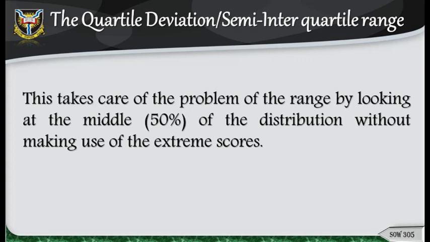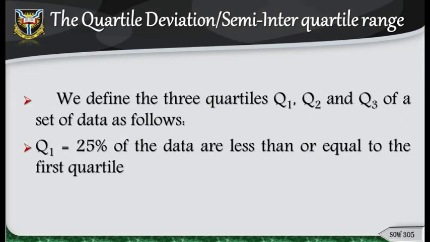2. The quartile deviation or semi-interquartile range. This takes care of the problem of the range by looking at the middle 50% of the distribution without making use of the extreme scores. We define the three quartiles Q1, Q2, and Q3 of a set of data as follows.